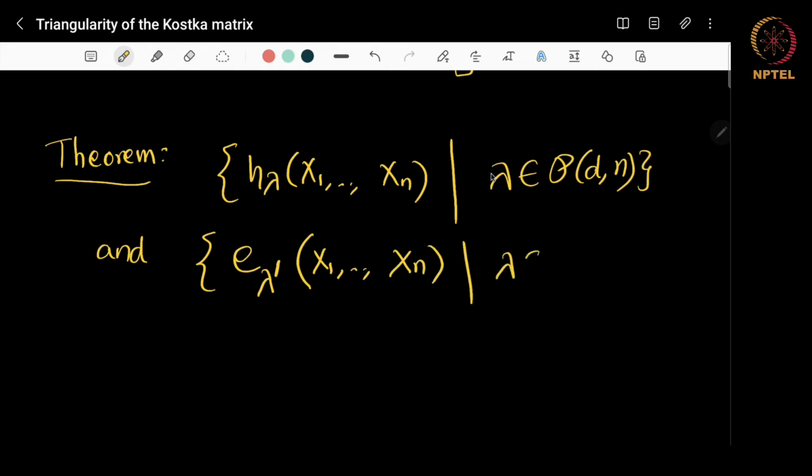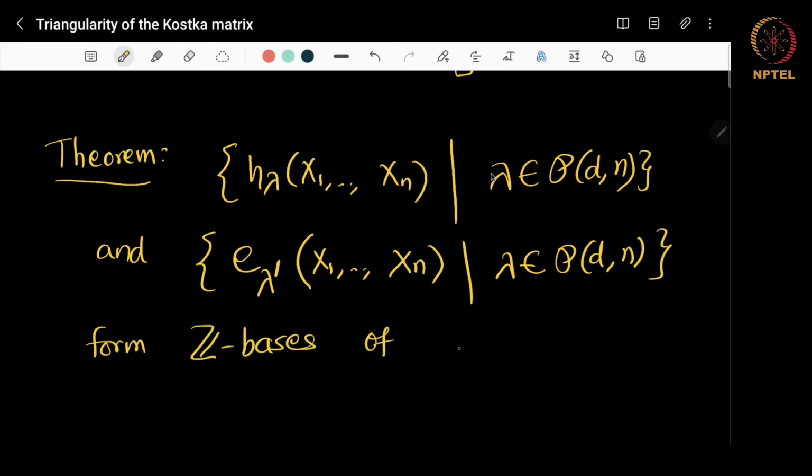Again, here lambda belongs to P d n. Both of these form bases of the space of symmetric homogeneous polynomials in n variables of degree d.